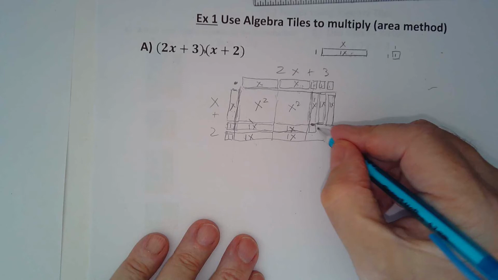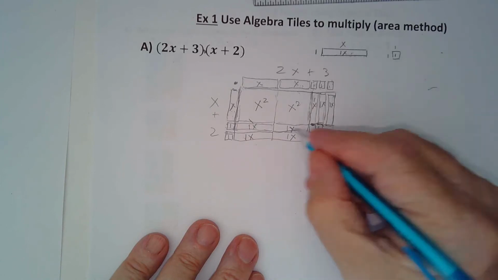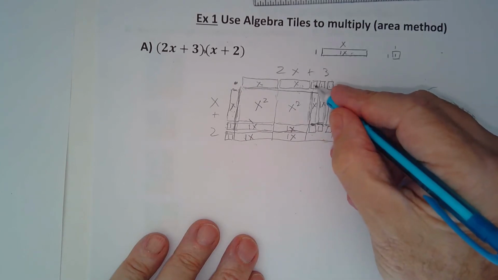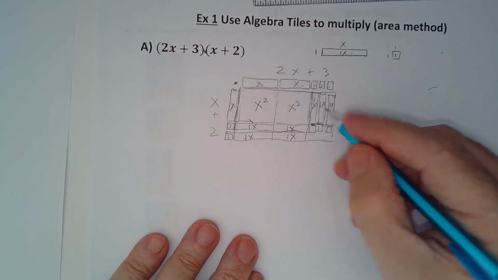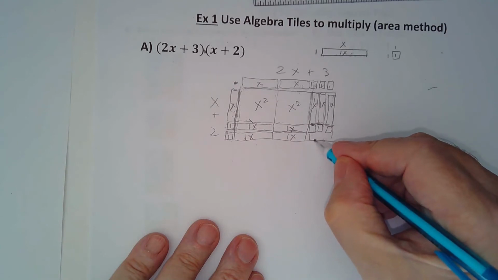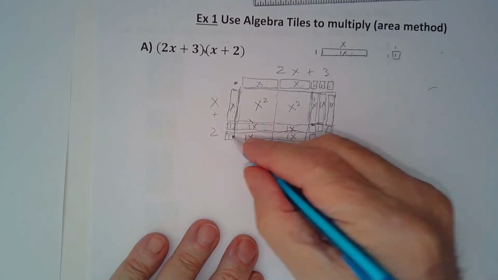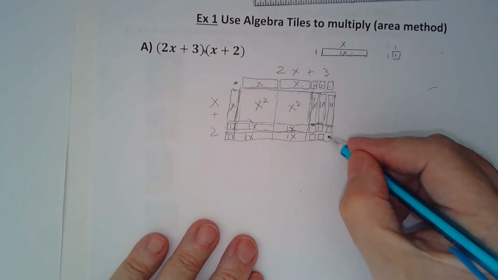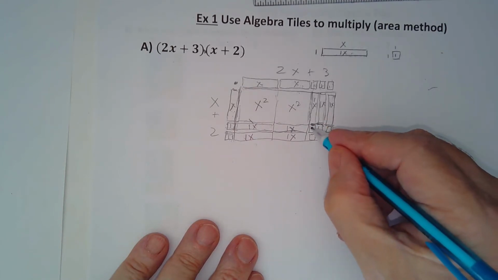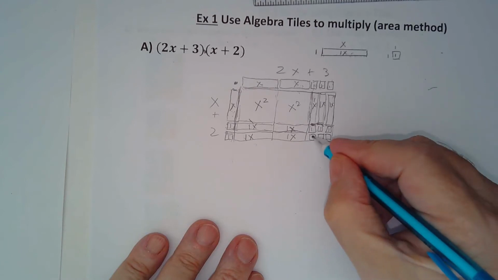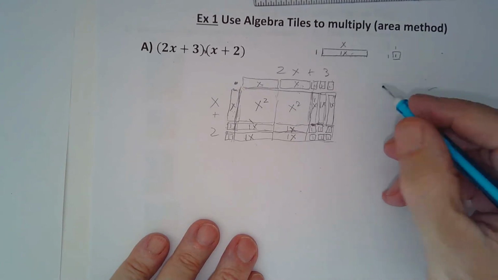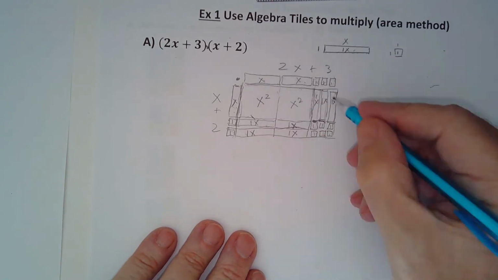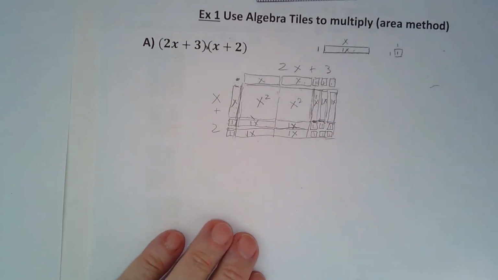This is 1 times 1, put a little box in there. Then this is also 1 times this one down here, so that's another little box. 1 times this box over here, 1 little box. 1 times this box over here, 1 little box. So 1, 1, 1, 1, 1, 1. And so you'll notice you come up with this rectangle, which is your area.